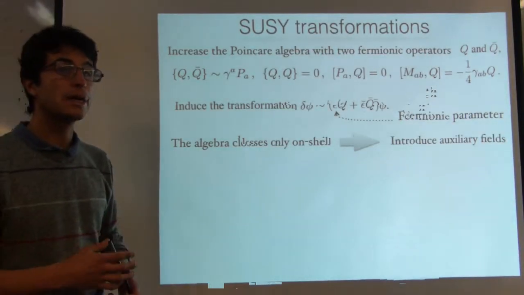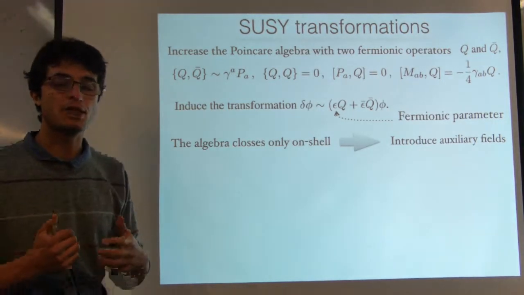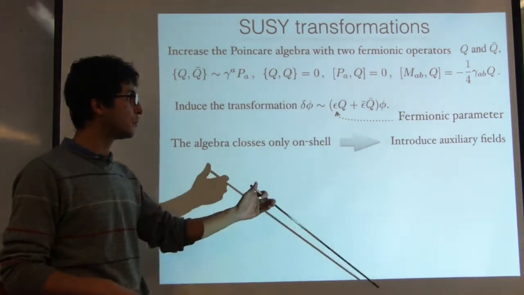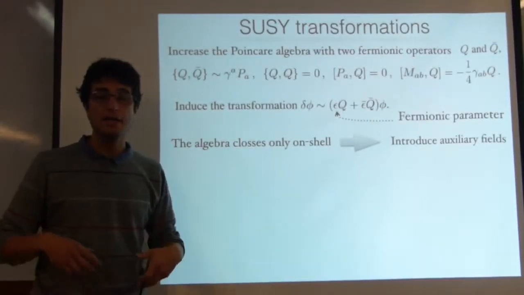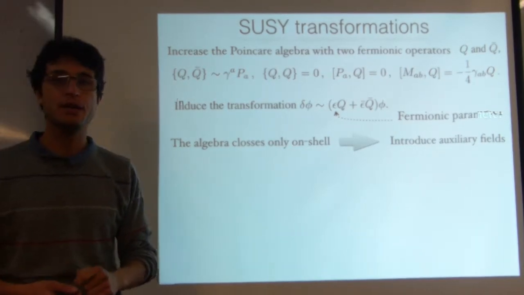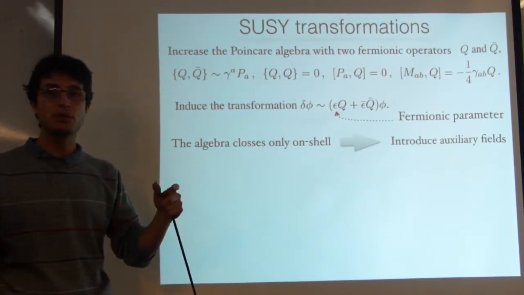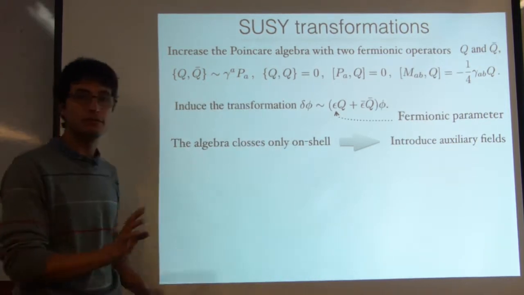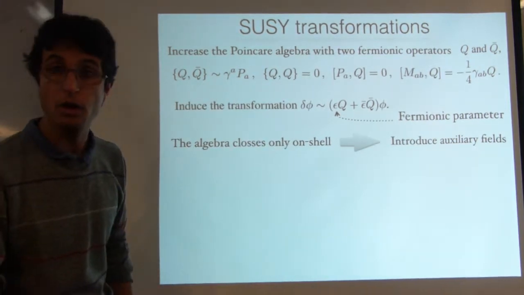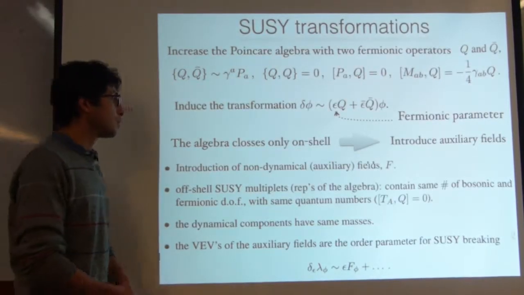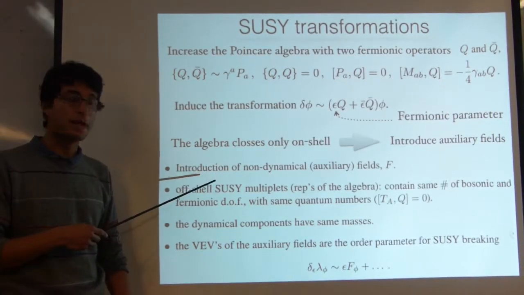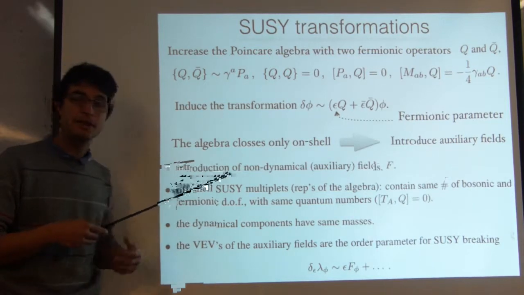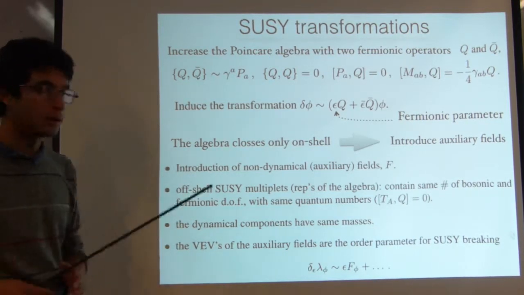In order to get an algebra that closes off shell, you have to introduce the so-called auxiliary fields. These are some non-dynamical fields that enlarge the supermultiplets, the multiplets of supersymmetry, and allow a closing of the algebra off shell.